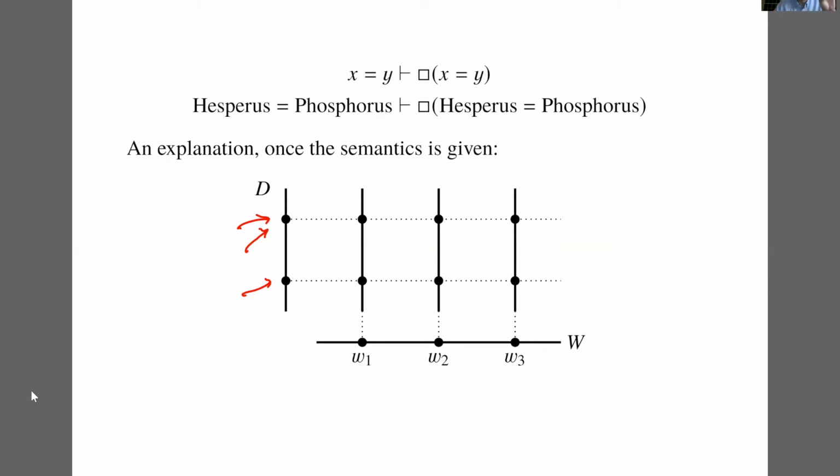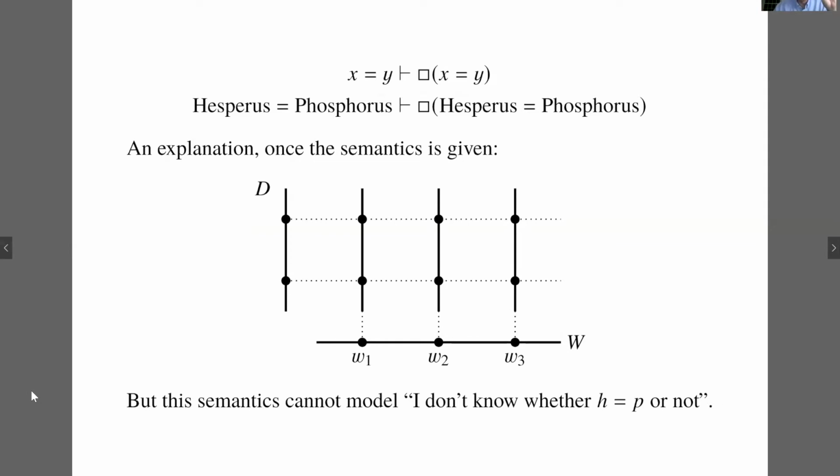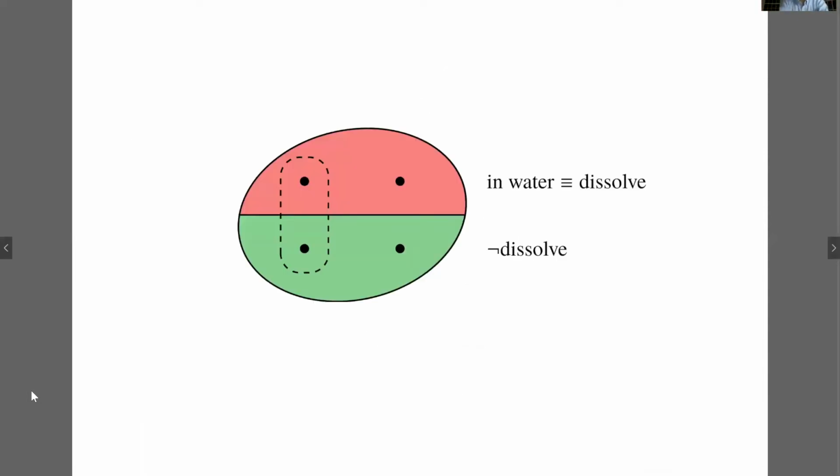But there are two problems. One is that this semantics cannot model a statement like "I don't know whether Hesperus equals Phosphorus or not." Let's go back to the picture of possible worlds. In the case of the solubility of crystals, there was nothing in the semantics that prevented us from modeling the uncertainty or ignorance of the cognizer.